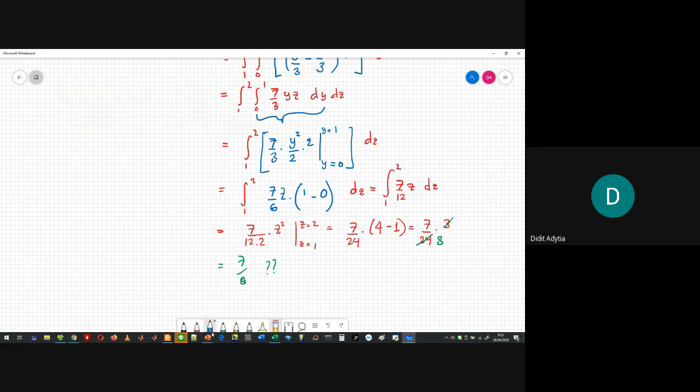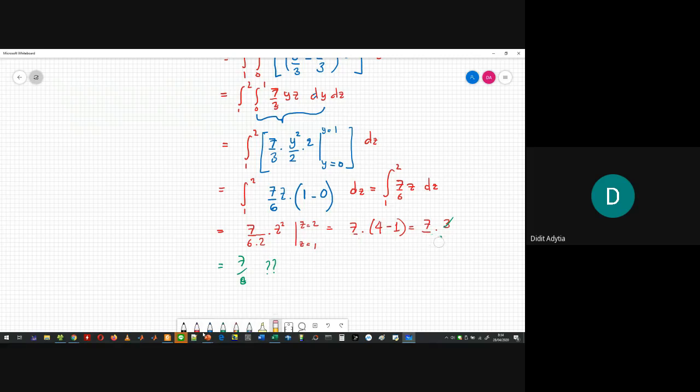Karena ini 6 dikali 2-nya udah ke sini, oke? Nah, ini jadi 1. Oke? Ininya jadi 1. Sorry, ininya jadi 6. This is become 6/6, and this one is become 6. Okay, this is 12.